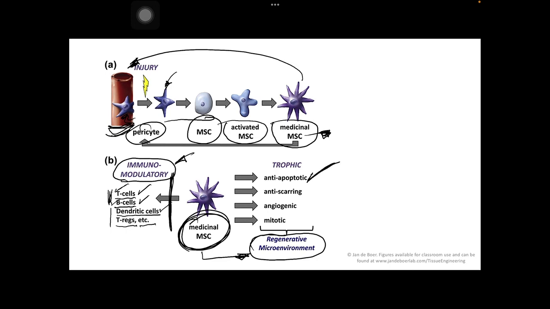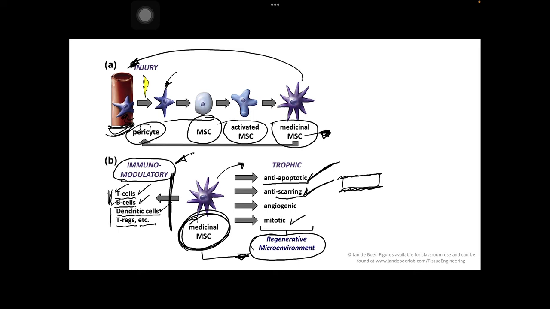For example, if we need to synthesize more bone, we will need to keep the cells alive, and the cell will secrete factors that are anti-apoptotic or anti-scarring, right? If we need to remodel the bone, we want to create a nice outline of the bone and not create scars.